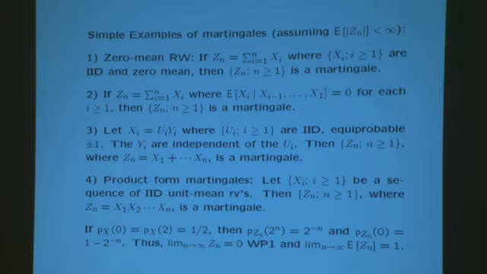It can be shooting off to infinity very, very fast, but it still is finite for every value of n. That's what this assumption is. Later on, when we talk about the martingale convergence theorem, we'll assume that these expectations are bounded, which is a much, much stronger constraint.